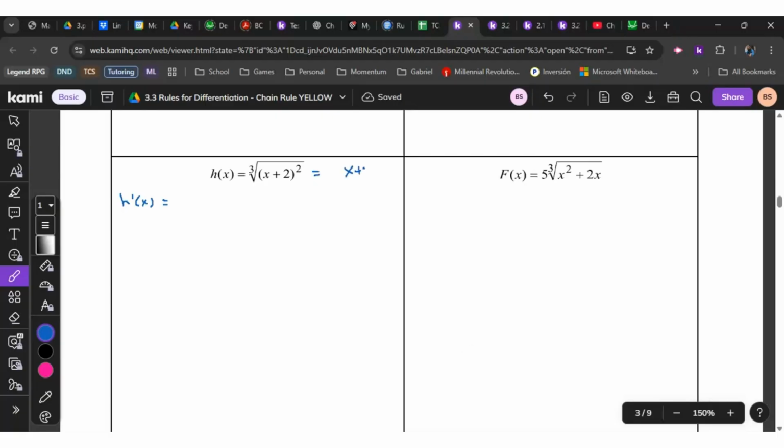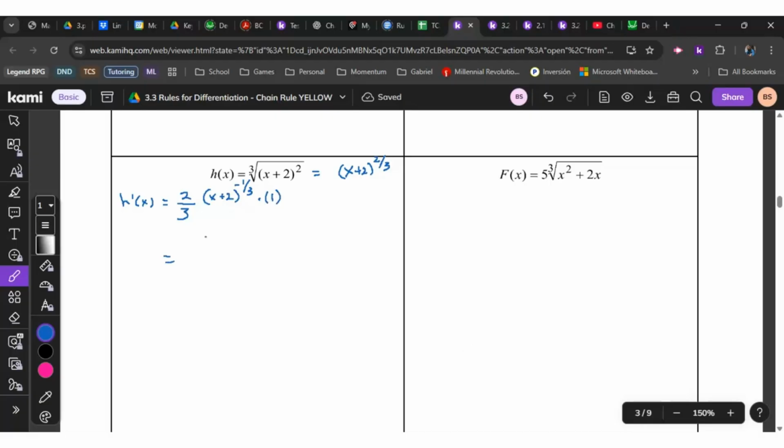So this is really x plus 2 to the power of 2/3, because it's squared and cube rooted. So the derivative is going to be 2/3 times x plus 2 to the power of negative 1/3, times the derivative of the inside, which is 1. So that doesn't really matter.